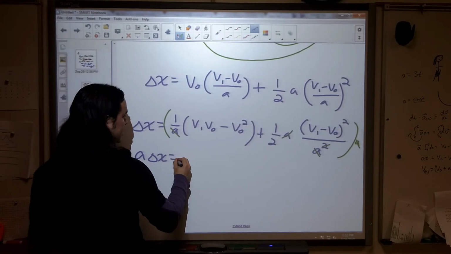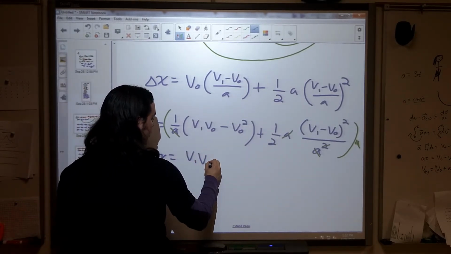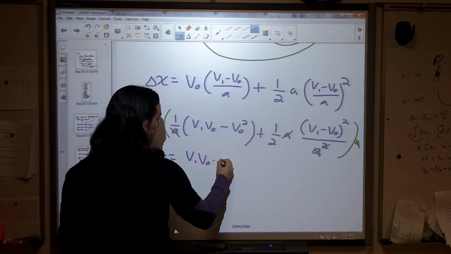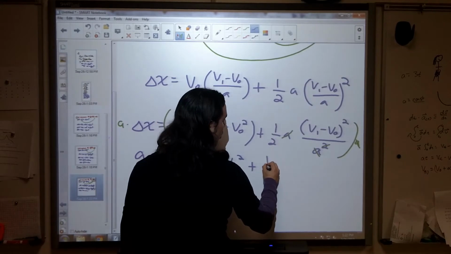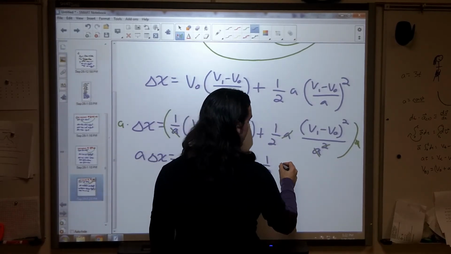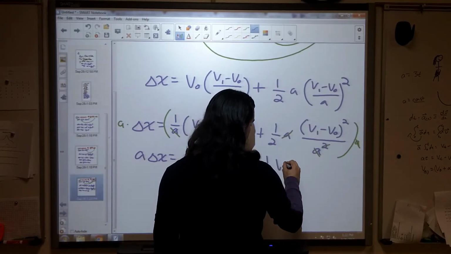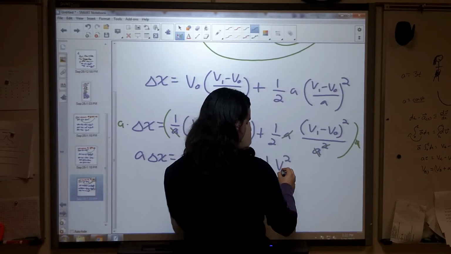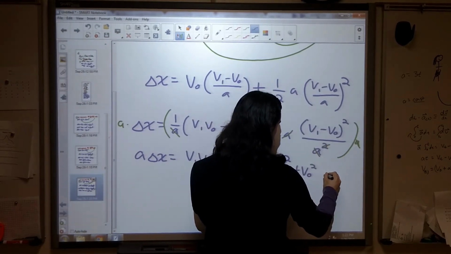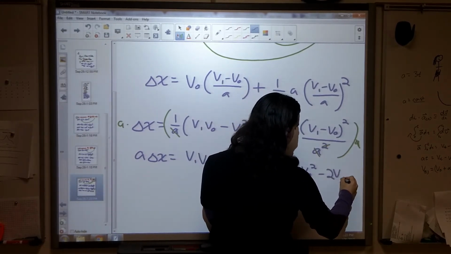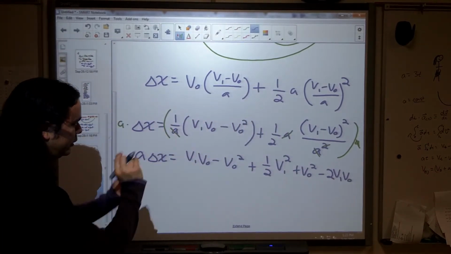Acceleration times delta x equals, yeah, this is not terribly pleasant, but that's fine, v final times v initial minus v initial squared plus 1/2, well, v final minus v initial quantity squared, which if I FOIL those out, if you will, that'd be v final squared plus v initial squared minus 2 v1 v naught. If I'm not mistaken. I think that's right.